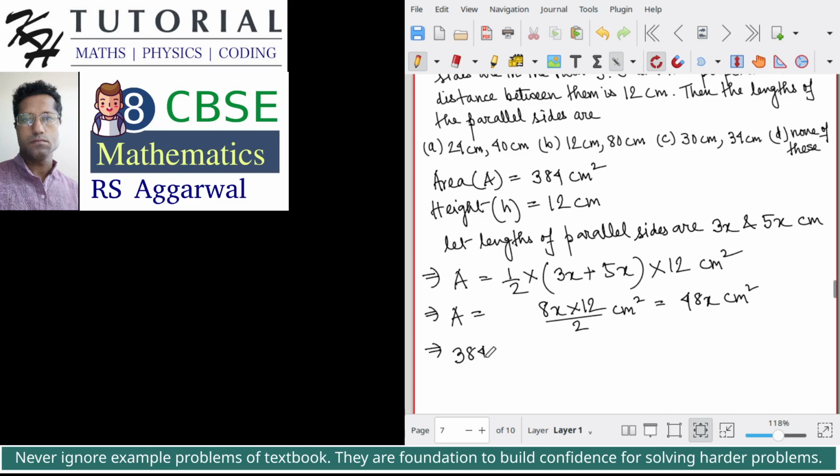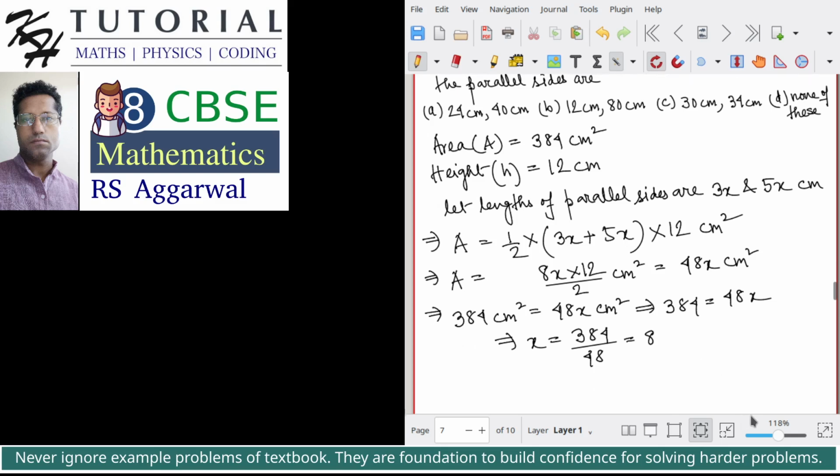So we have 384 centimeter square is equal to 48x centimeter square. If we ignore the unit, we have 384 is equal to 48x. So this implies x is equal to 384 divided by 48, which is equal to 8. So x is 8.